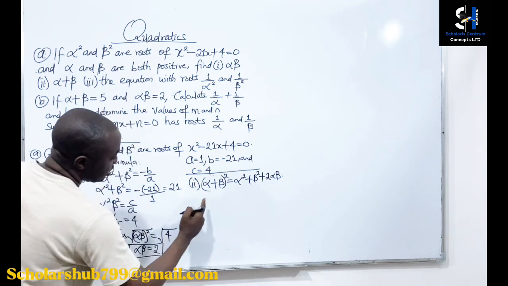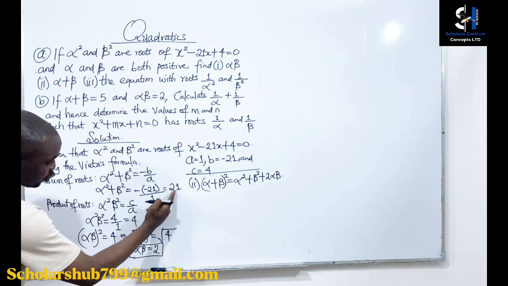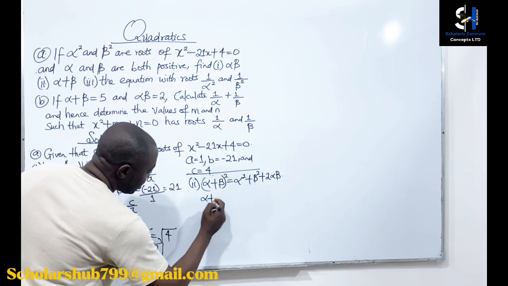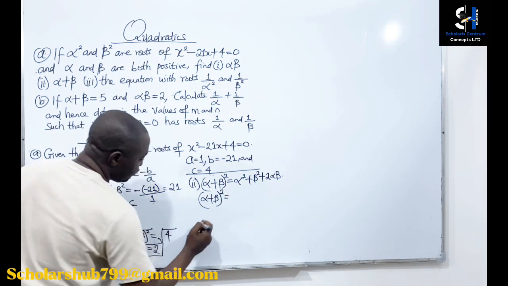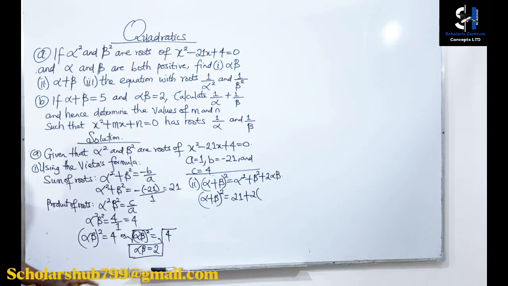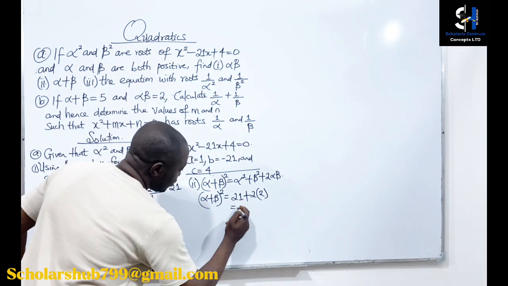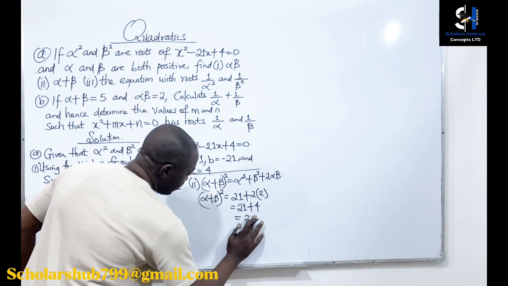From here, alpha squared plus beta squared is 21. So alpha plus beta raised to the power of 2 equals 21 plus 2 multiplied by alpha beta, which is 2. So this will be 21 plus 4, which equals 25.